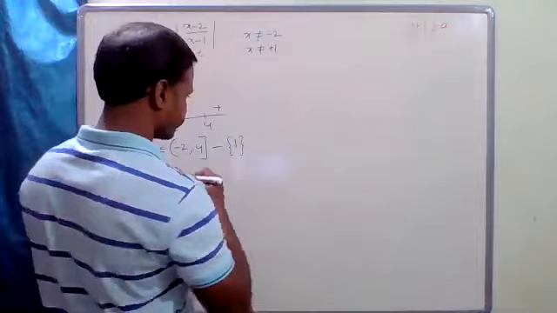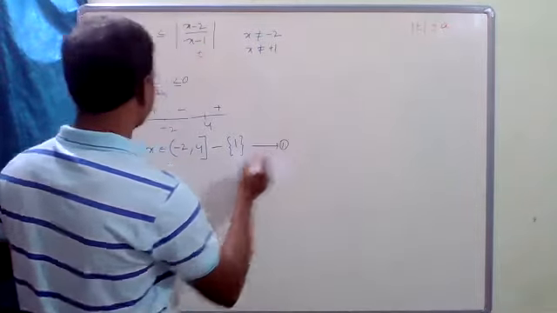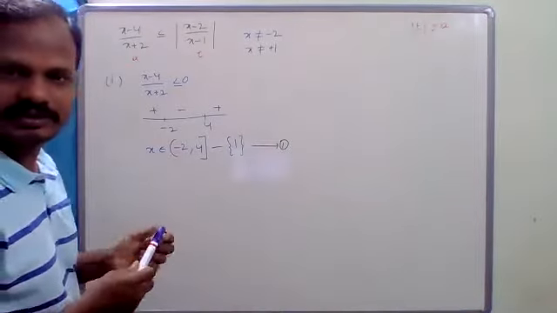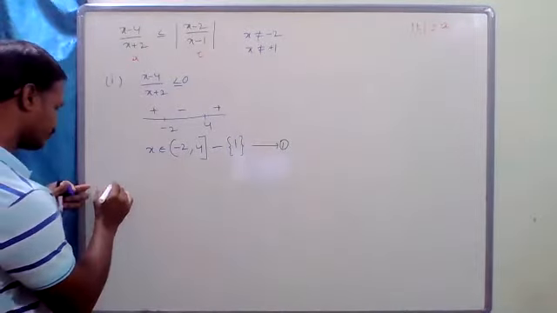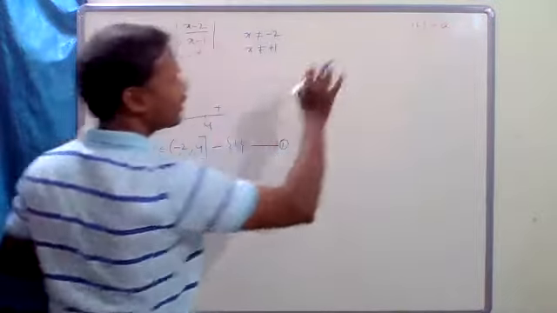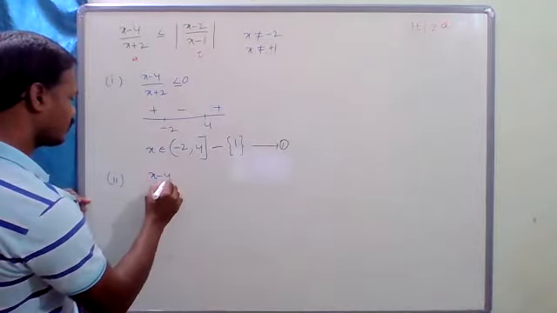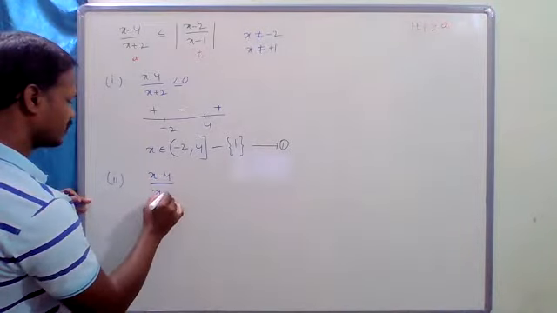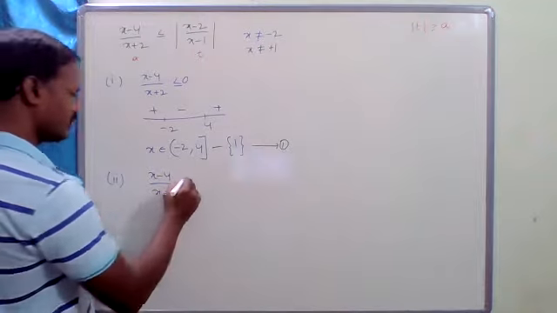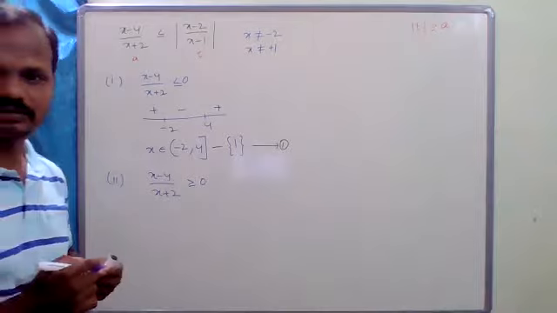Now coming to the second case. The first case was a less than 0. Now the second case: a greater than 0, that is, (x minus 4) by (x plus 2) is greater than or equal to 0.